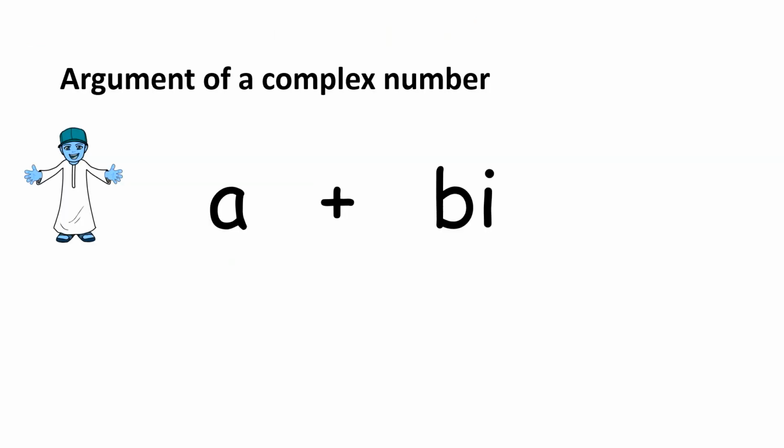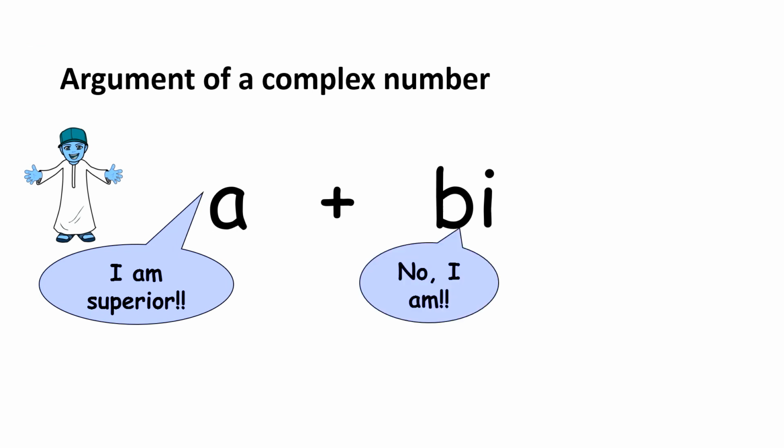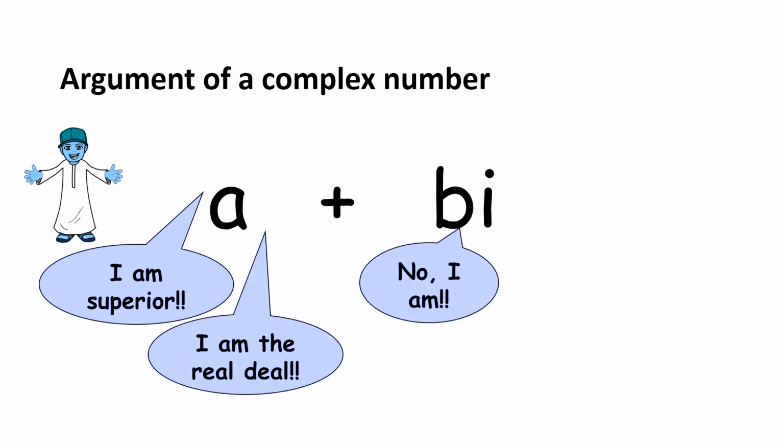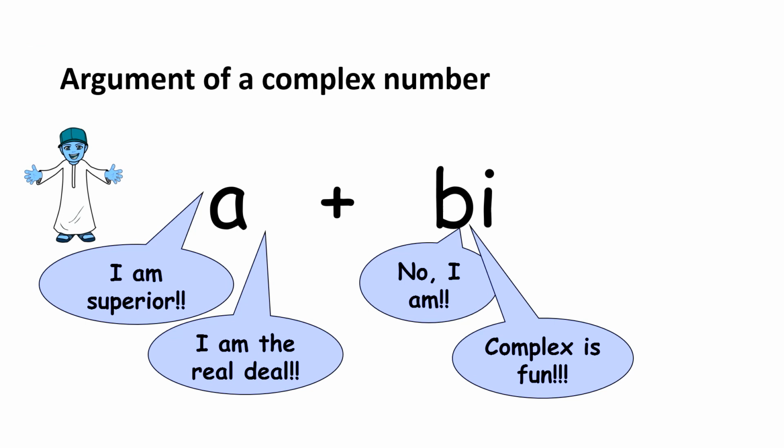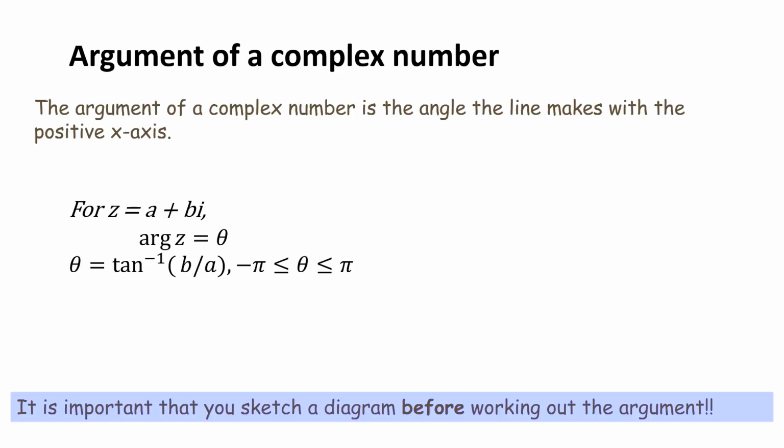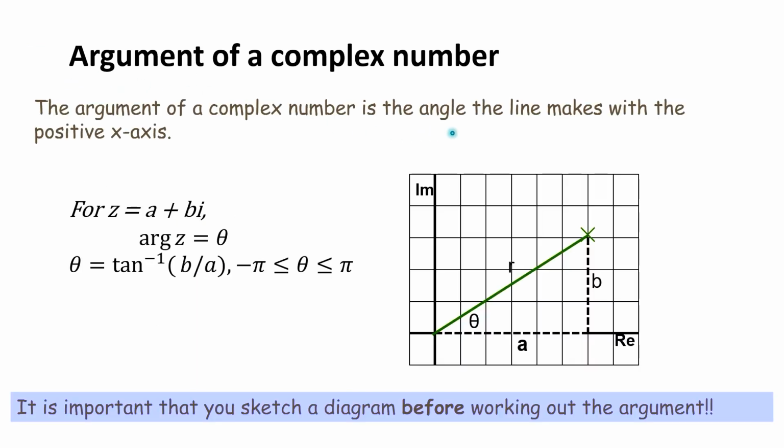Look what is happening here. It looks like the real and the imaginary parts are having an argument. But this is not what we mean by the argument of a complex number. The argument of a complex number is the angle the line makes with the positive x-axis.